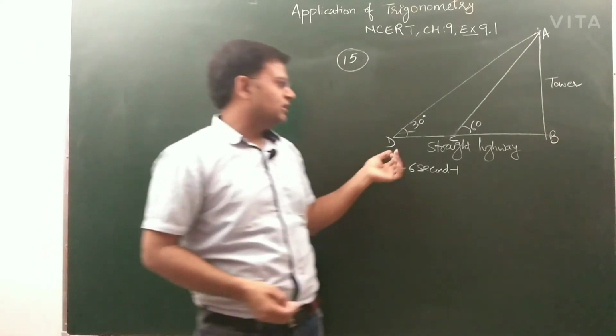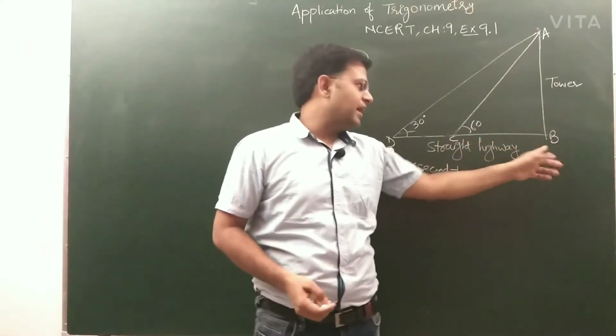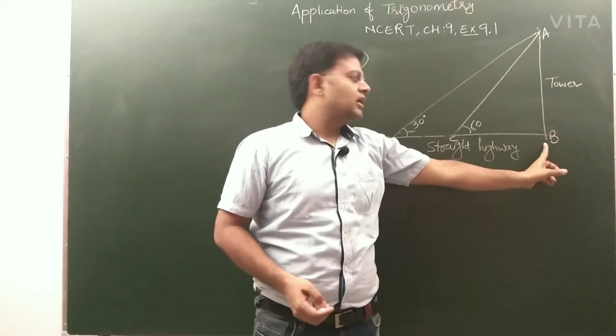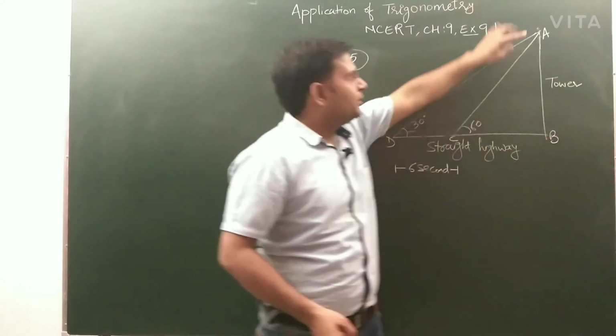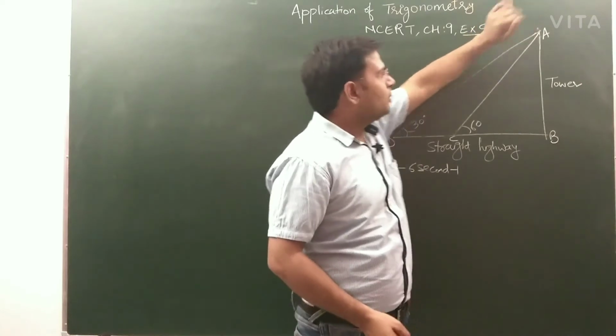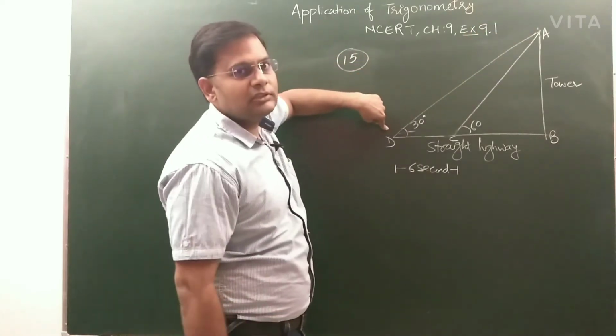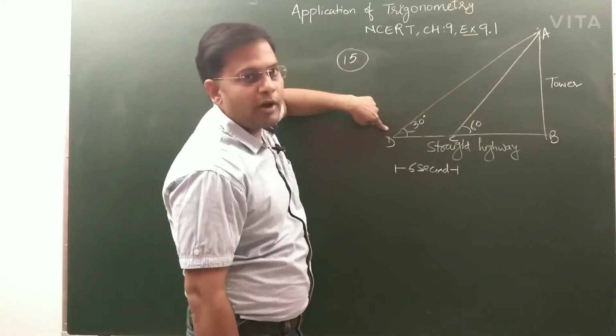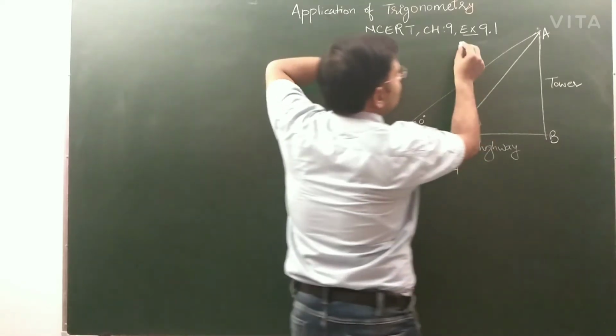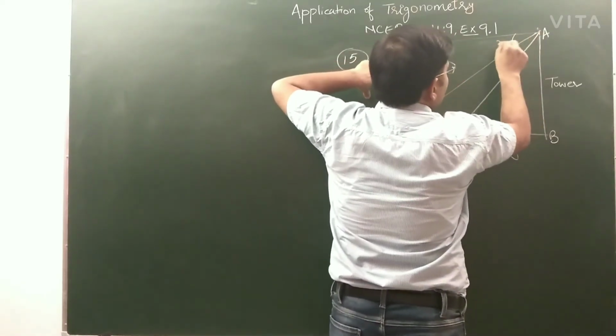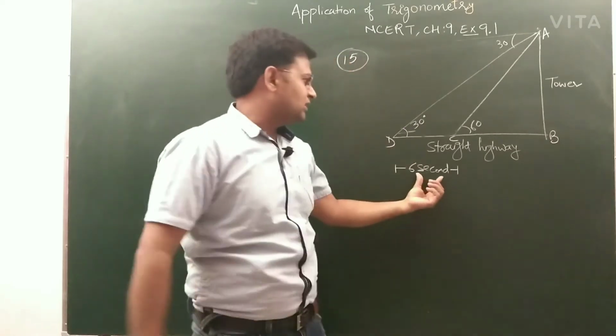Okay, now this is question number 16. In this question, it's given that there is a straight highway that leads to the foot of the tower, and there is a person standing on this tower. The person observes a car which at the beginning is at point D, and the angle of depression was 30 degrees.